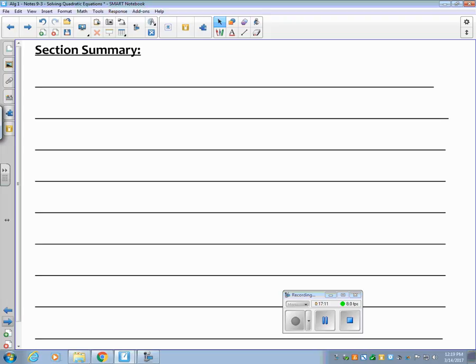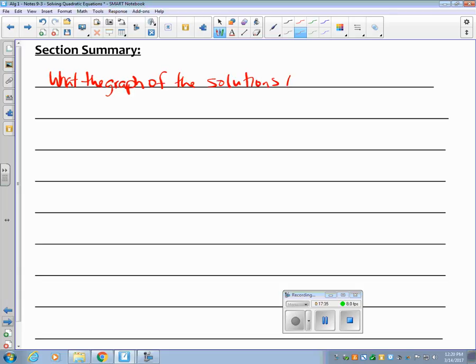All right, you guys are ready for your summary. As soon as your summary is done, let me put the things that I want you to write your summary about. We definitely want to include what the graph of the solutions looks like. Make sure you include what no solution looks like.